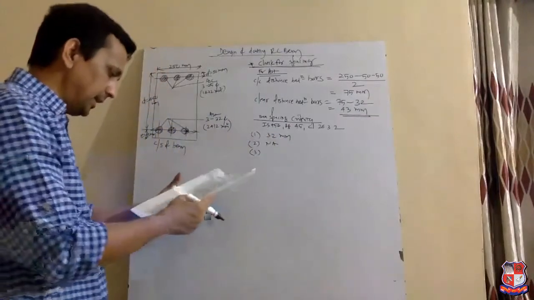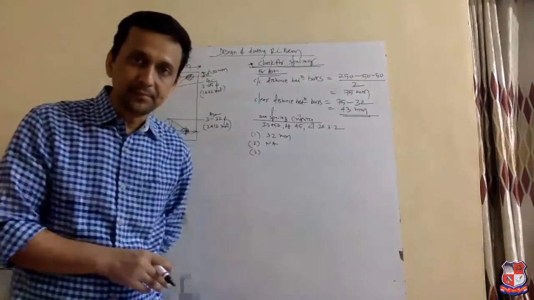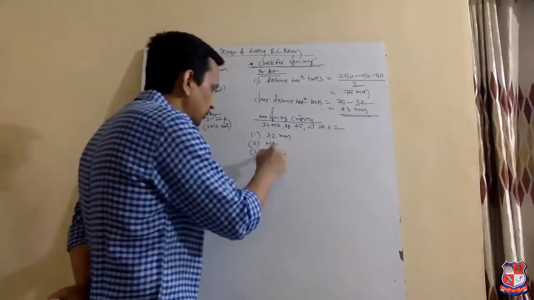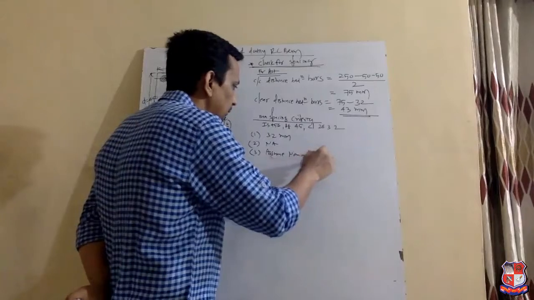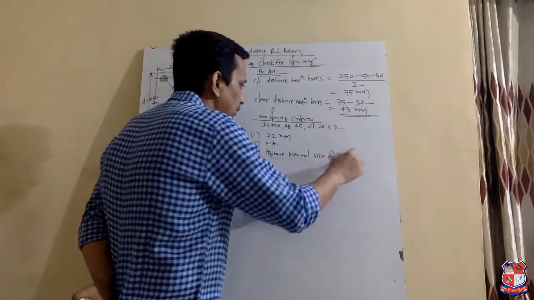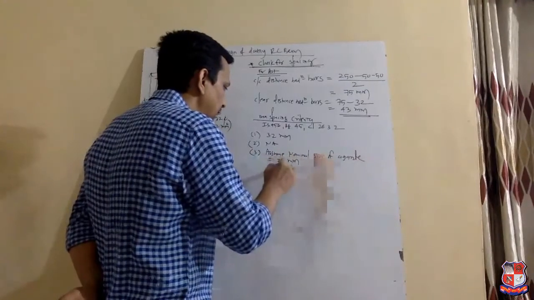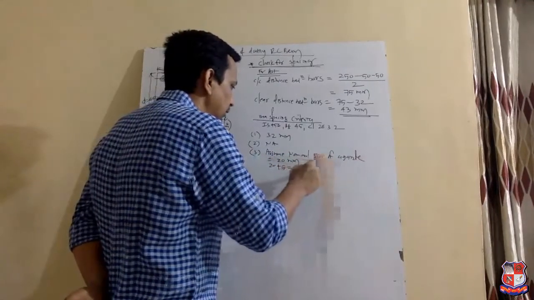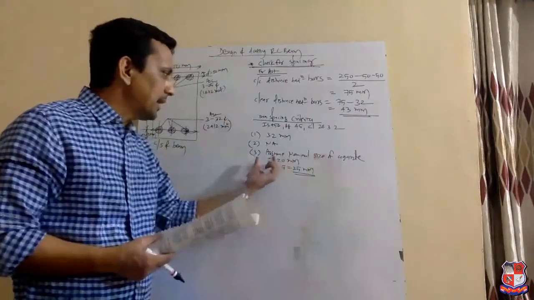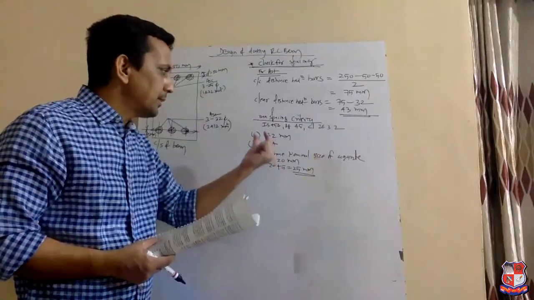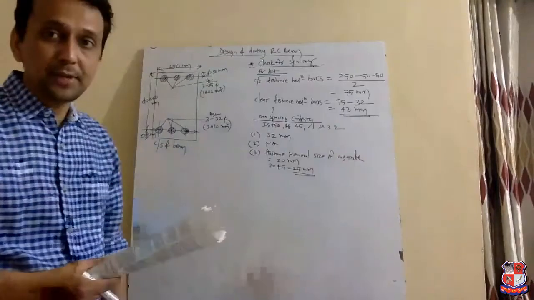And the third one is 5 mm more than the nominal size of the coarse aggregate. Just assume the nominal size of aggregate equal to 20 mm. So 20 plus 5 equals 25 mm. So why has IS recommended that the clear distance between the bars must be greater than the nominal size of aggregate plus 5?